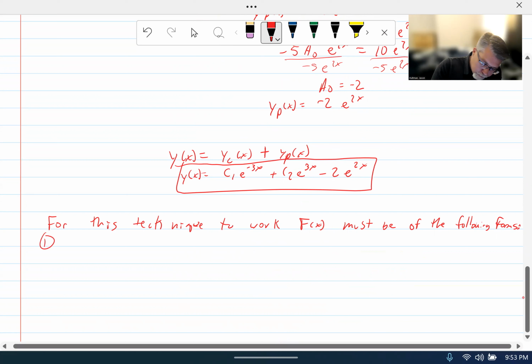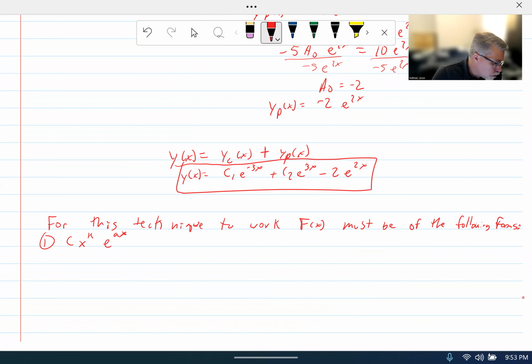Number one, C x to the k e to the ax, where k is a real number. Actually, it's a natural number, and k can be 0. So we could just have e to the ax.